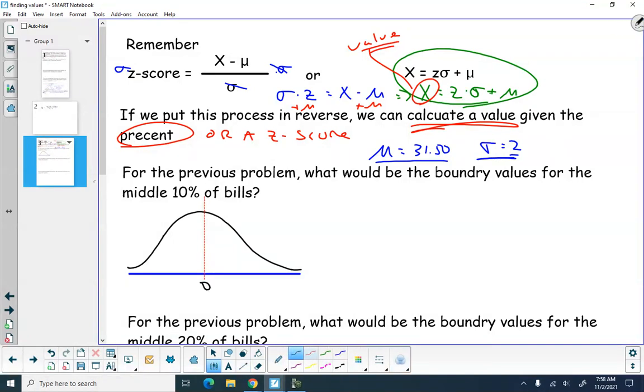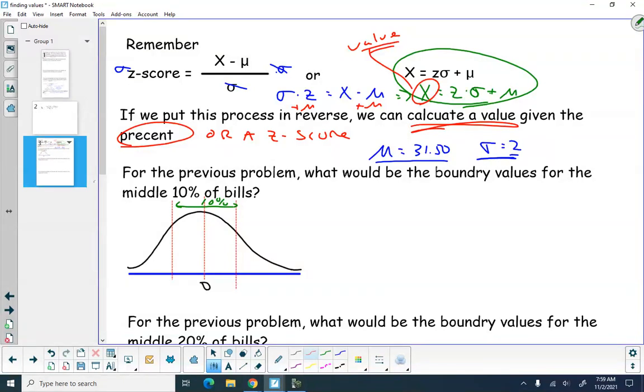Here's our 0 value. We want the bills that are the middle 10% of all the bills. And we want to know these boundary values.